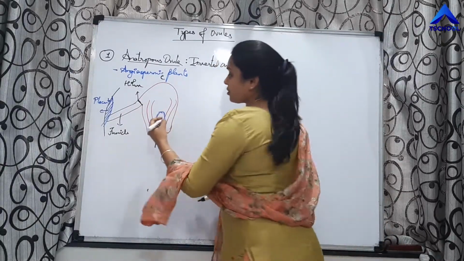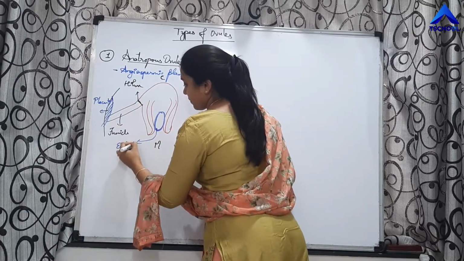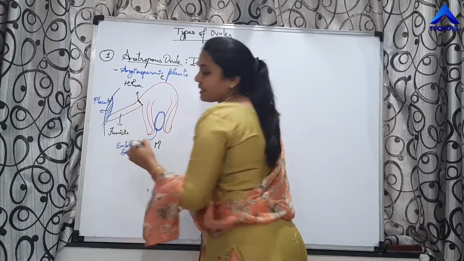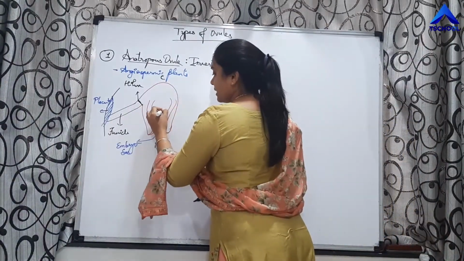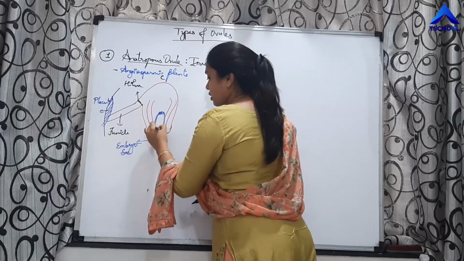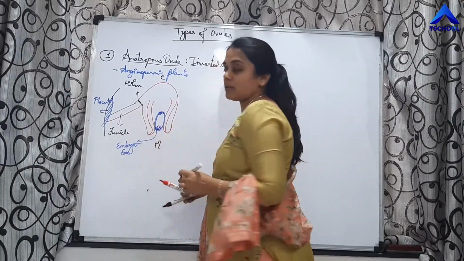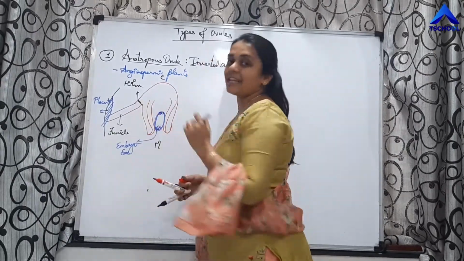This single megaspore mother cell finally gives rise to an embryo sac. So this structure is the embryo sac. We know it is 7-celled and 8 nucleated. There are 3 antipodal cells towards the chalazal end, 1 egg cell and 2 synergid cells towards the micropyle end, and the large central cell.